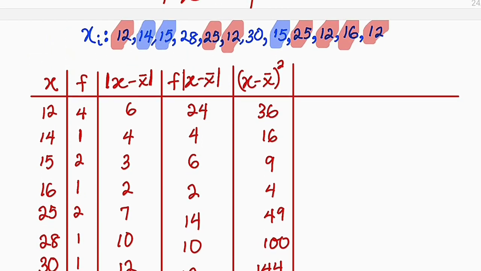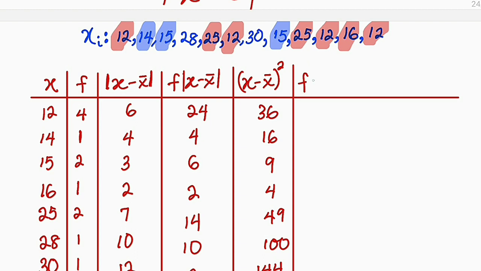Then I would like to compute for the frequency multiplied by x minus x bar whole squared. Meaning we are going to take these values and multiply by their corresponding frequency.